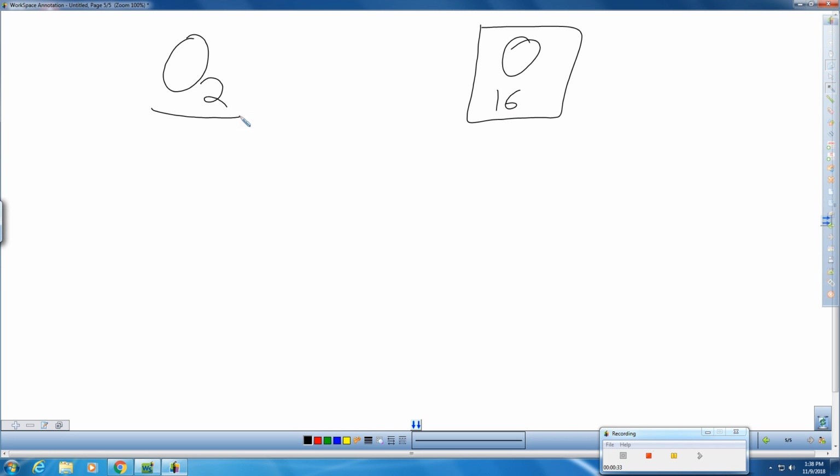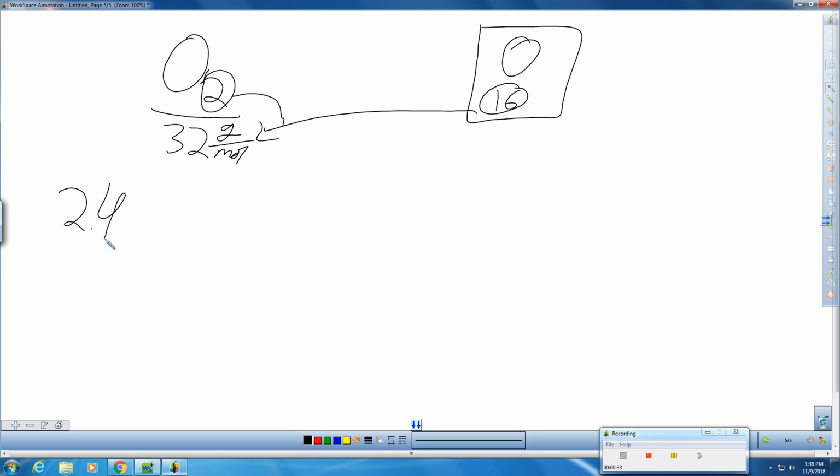So the atomic mass of diatomic oxygen is 32 units. Yeah, grams per mole. Because we have that 2 here, we have to multiply by 2 to get 32. So if I have 2.4 moles of diatomic oxygen gas, how many grams do I have? What's the equation? What am I going to do here?